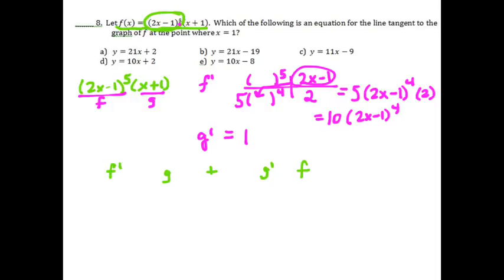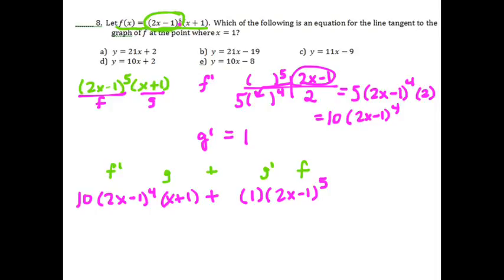My f prime is 10 times (2x minus 1) to the fourth times g, which is x plus 1, plus g prime, which is just 1, times f, which is (2x minus 1) to the fifth. So this is our derivative.